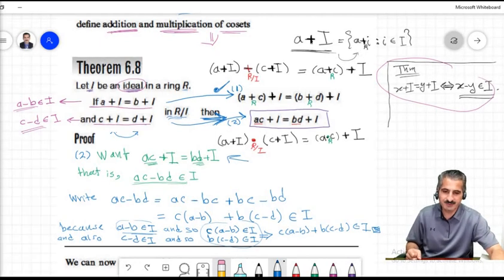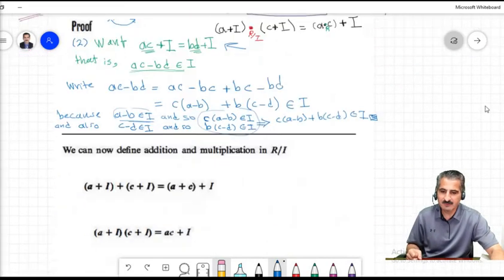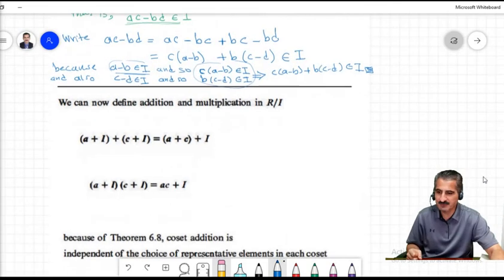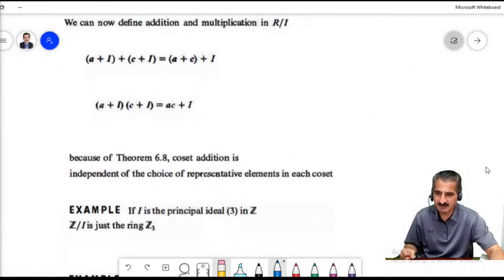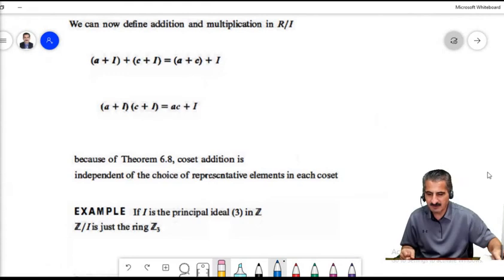So great. Now what does theorem 6.8 tell us here? That we have defined already addition and multiplication in R over I, and remember this is what we have defined.